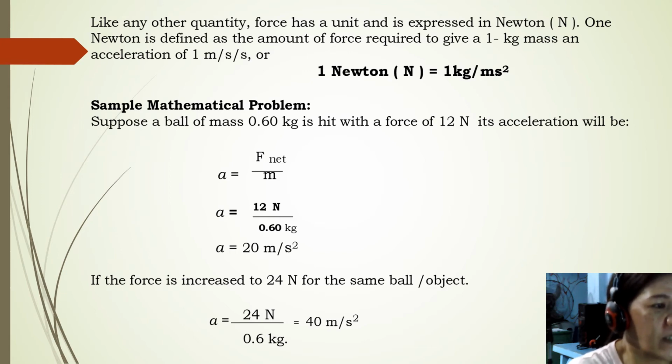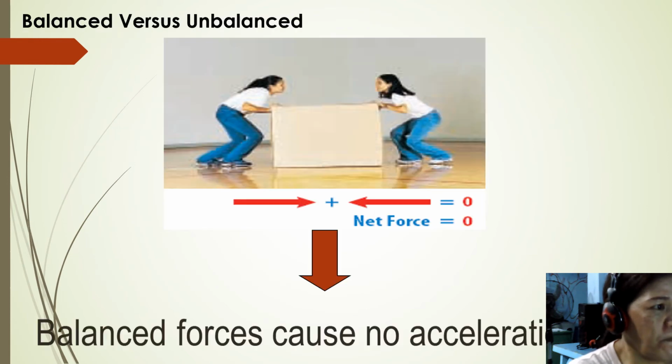Since they use the same ball, the mass of the ball is 0.6 kilogram, then the answer would be 40 meters per second squared. So I hope it is clear. This is a simple equation. So again, balanced force causes no acceleration, and for unbalanced force, the net force is not equal to 0.